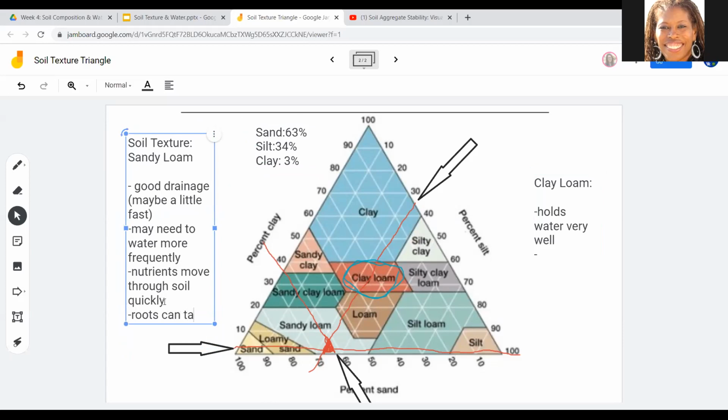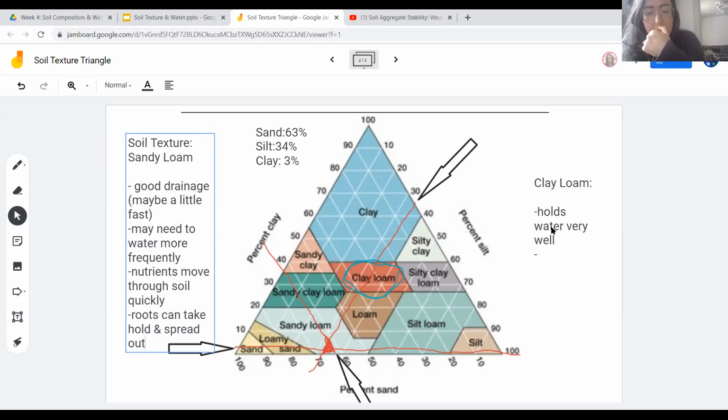And then it'll also depend on the kind of root system the plant has, because some roots are not deep roots. We talked before about deep roots, and some of them spread out. So it depends on what that soil looks like, if it would support the plant itself too.